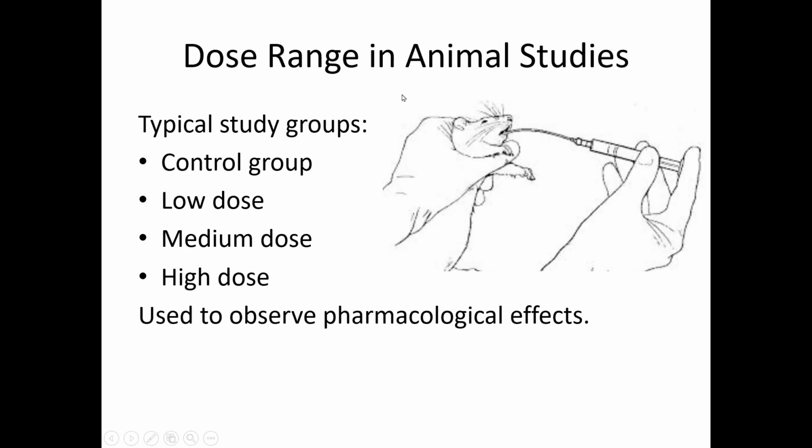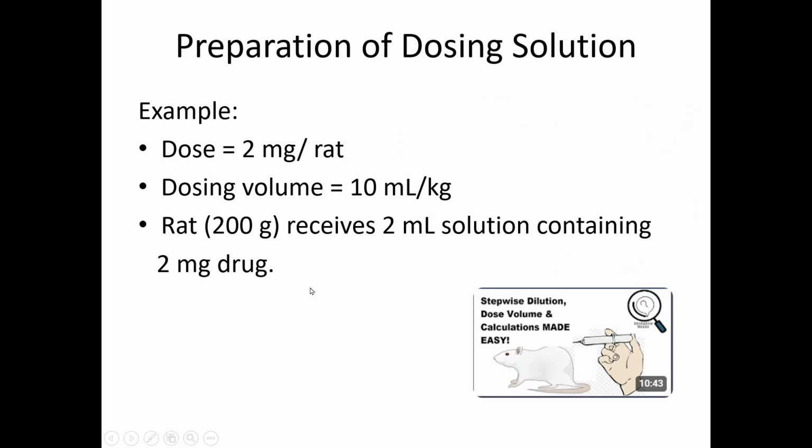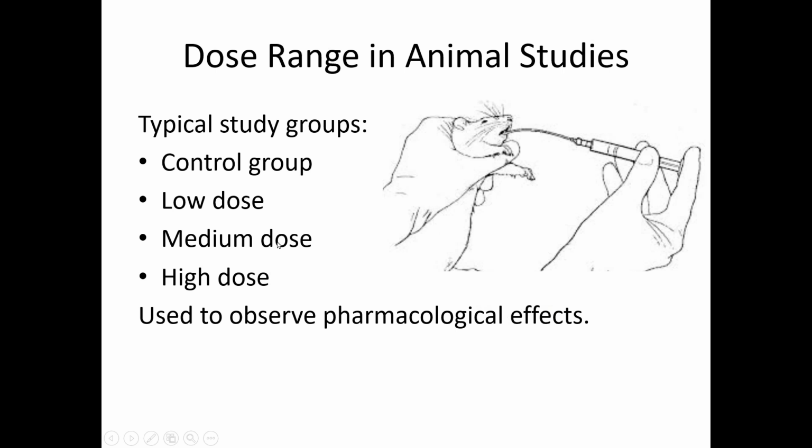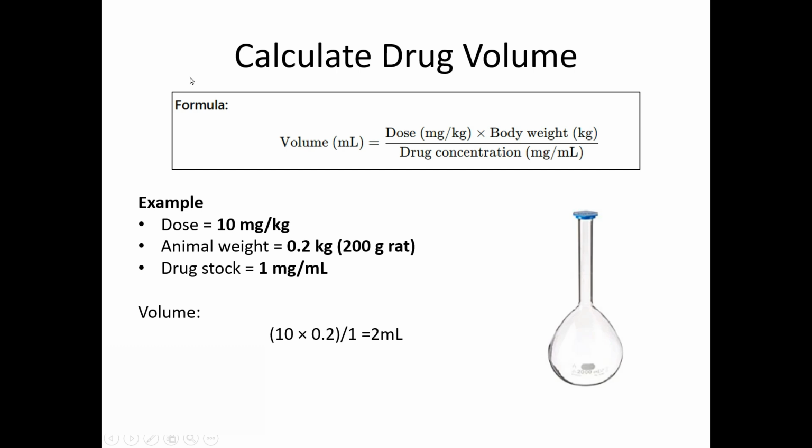Dose range in animals in a typical study is control group, low dose, medium dose, high dose, used to observe pharmacological effect. So accordingly we have to decide the dose range. We will calculate the doses for all the concentrations. So now we will see how to calculate drug volume. The formula is volume in ml equals dose in mg per kg times body weight in kg divided by concentration in mg per ml.